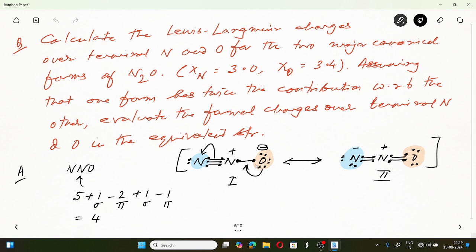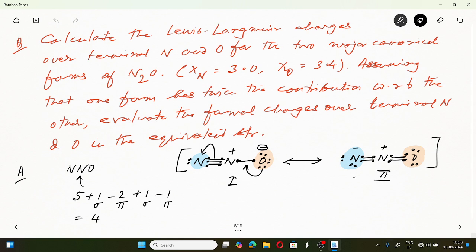In structure 1, the more electronegative atom oxygen contains the negative charge, and in structure 2 nitrogen contains the negative charge. So structure 1 will have greater contribution than structure 2. Right? So twice the contribution.